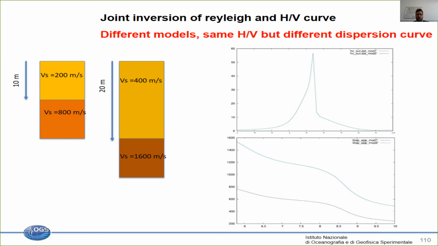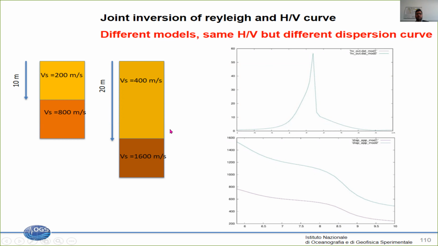Therefore it was worth combining in the inversion the dispersion curve and the H over V, because the H over V, we said, is very sensitive to the boundary, so to the impedance contrast at depth, while the dispersion curve is mainly sensitive to the velocity in the sedimentary layer.